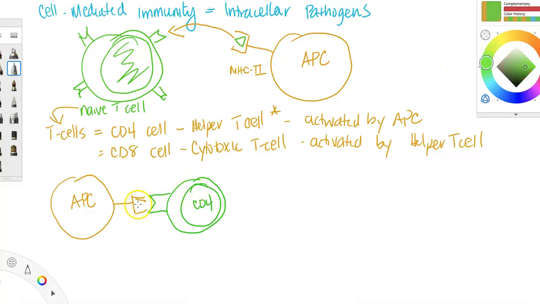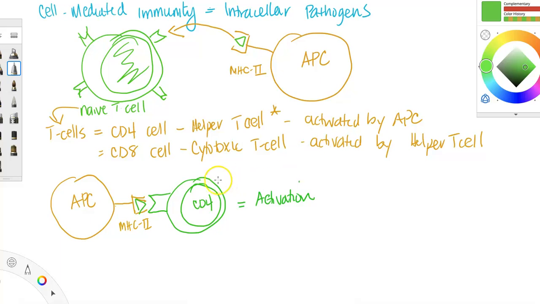Okay, so this is an MHC2 because this is an antigen presenter. It's presenting to the CD4 cell, and it binds. The antigen presenter cell actually is able to activate this helper T cell.